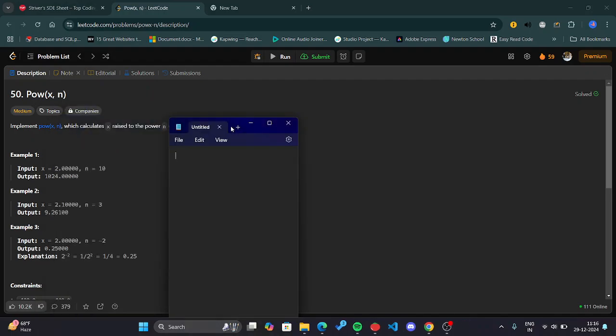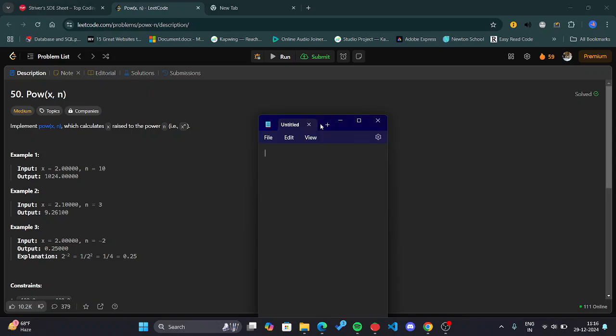Suppose x to the power something, 2 to the power minus 2. So this basically means 1 divided by 2 to the power 2, the positive thing. This is how the negative power works.